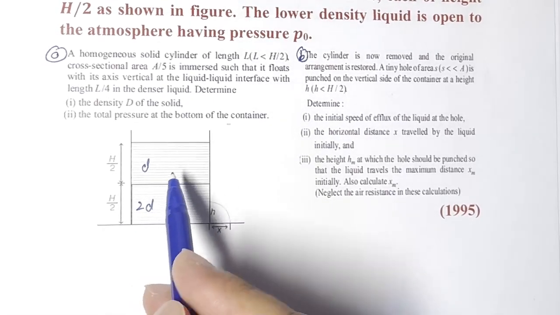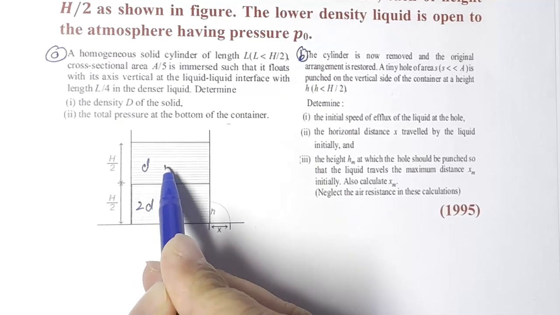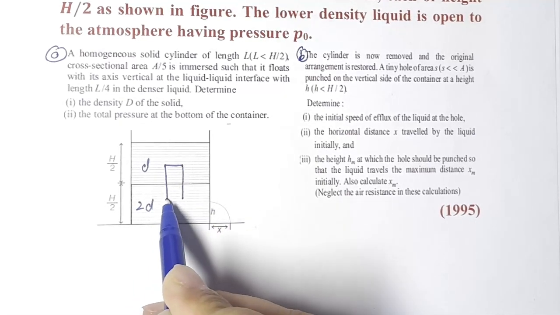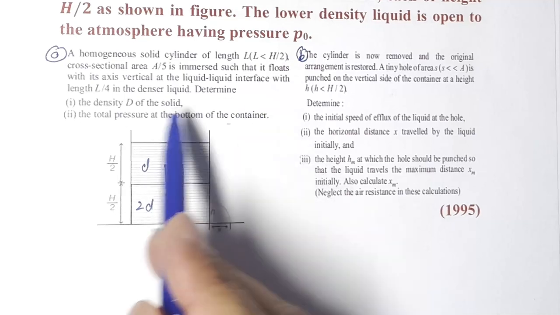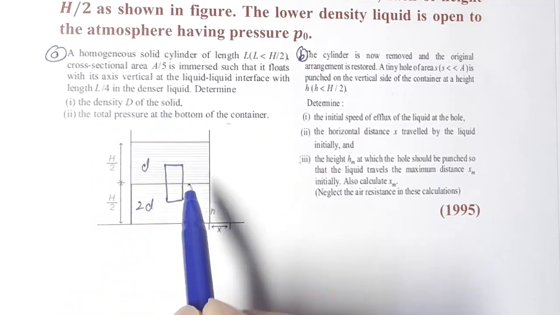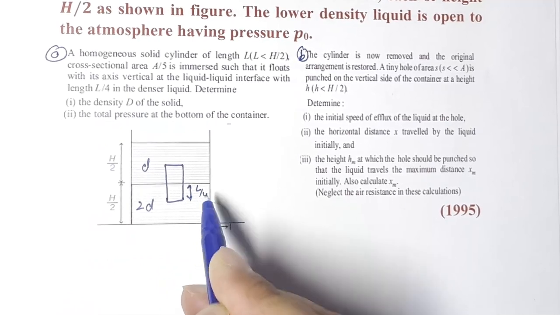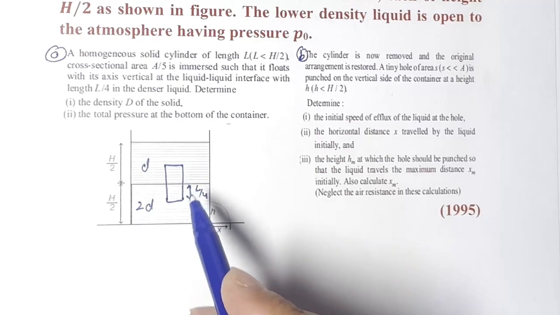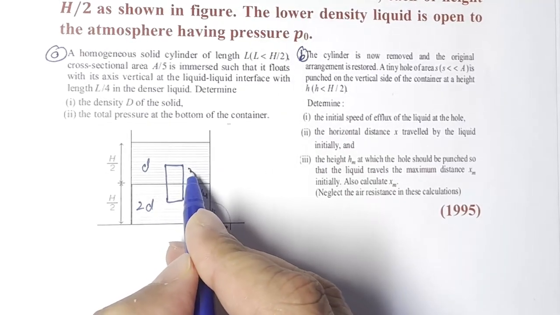And inside it we have a solid cylinder of length L, and it is given that the L by 4 is in the denser liquid, so the lower length will be our L by 4, and total length is given as L, so upper length will be our 3L by 4.